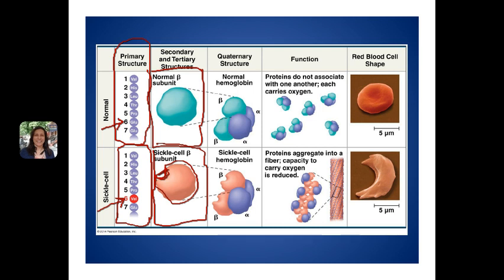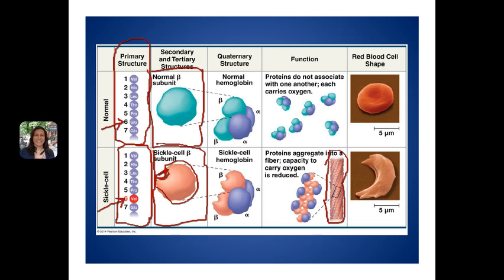We see that in the sickle cell hemoglobin, because of that notch in the beta globin, the individual proteins with the 4 polypeptide chains tend to be attracted to each other, and they form a structure that is never seen in the normal hemoglobin. They actually form a long fiber of thousands, millions of units of hemoglobin that are attached to each other.